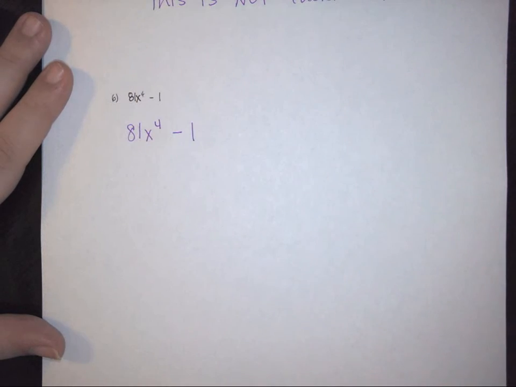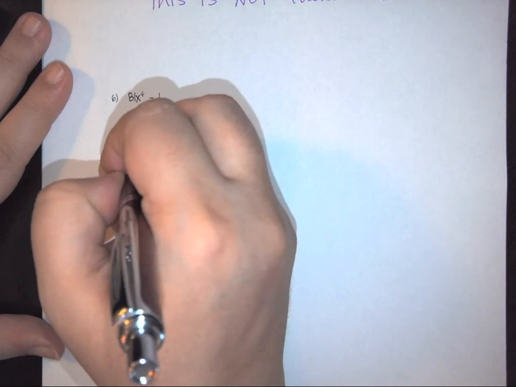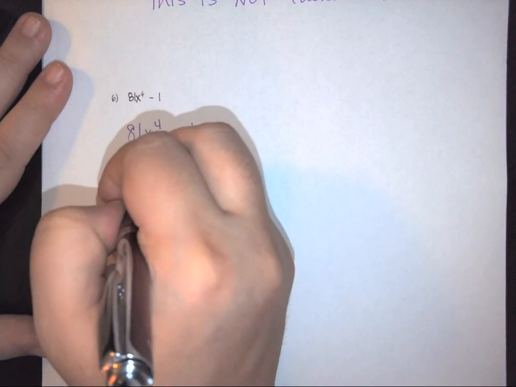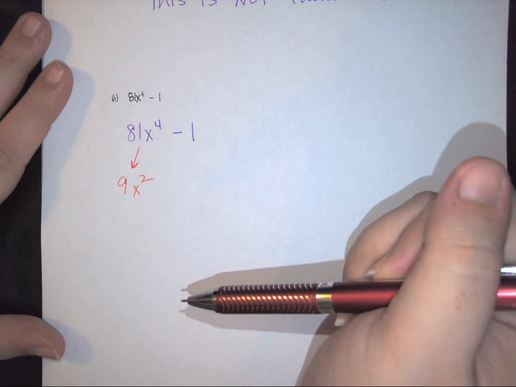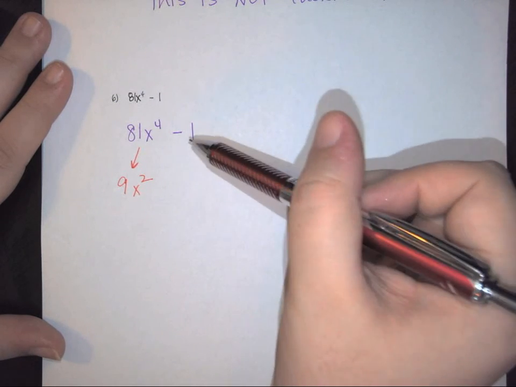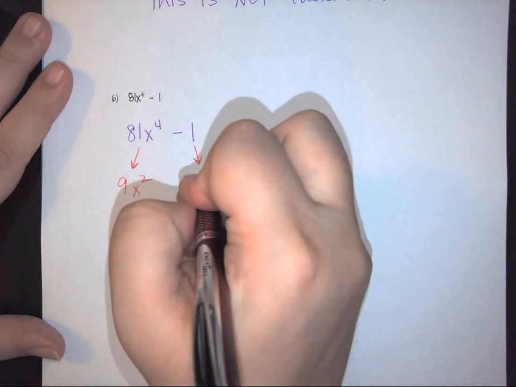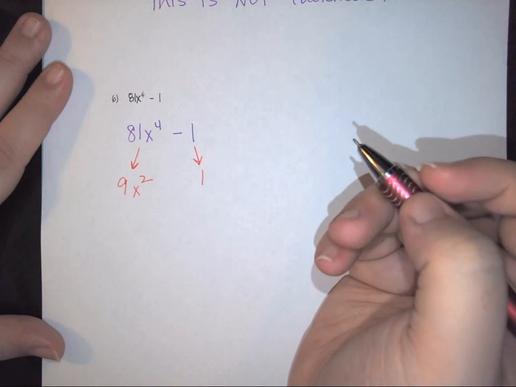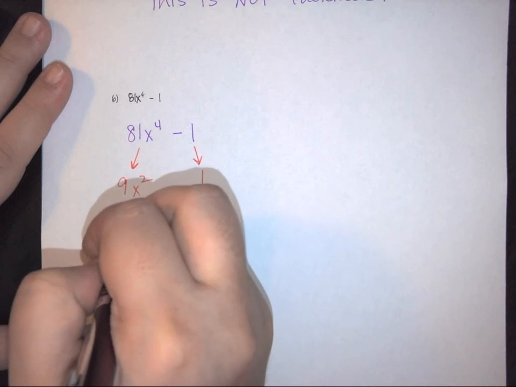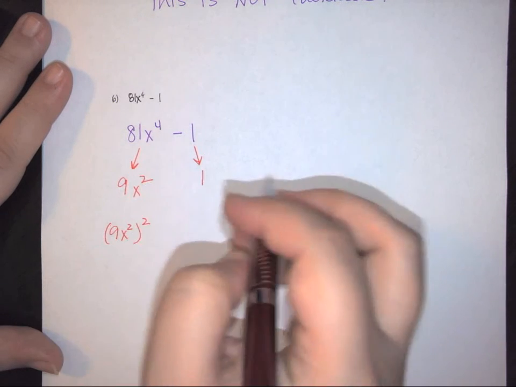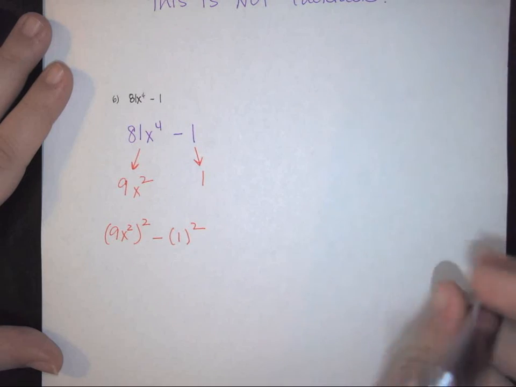So if we take a look at it, 81x to the 4th, if you take the square root, this can actually become 9x squared. Take the square root of 1. When you take the square root of 1, you get 1. So this stays the same. It's still going to be the 1. So what we actually have here is 9x squared, squared, minus 1 squared.